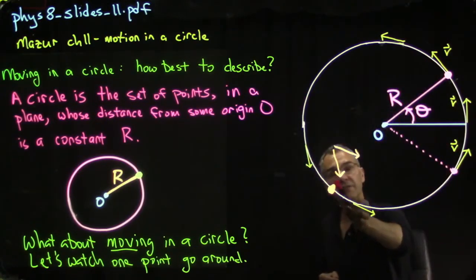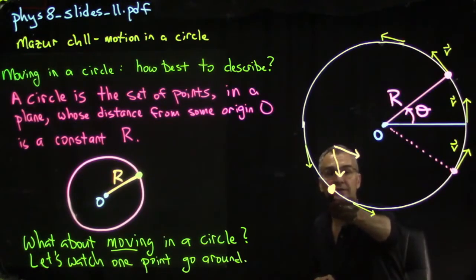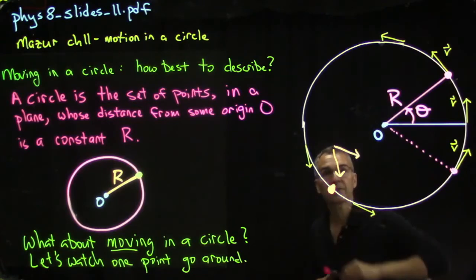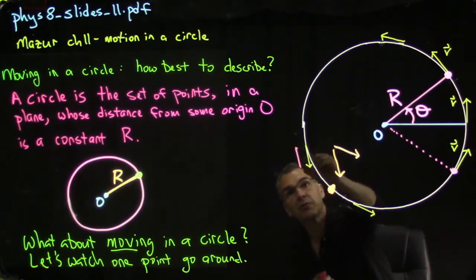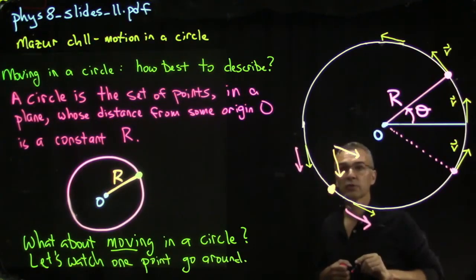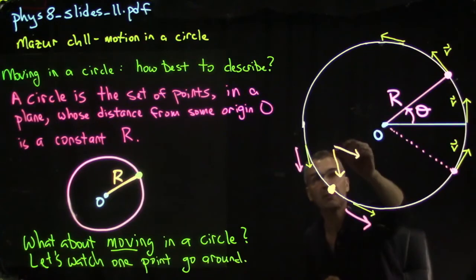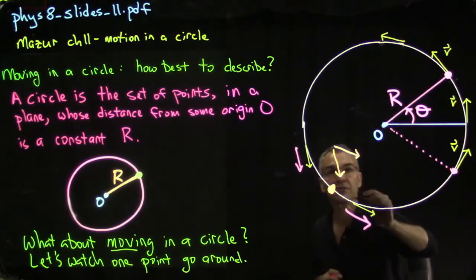So let's ask ourselves, what would be the direction of the acceleration when we're down here at this spot on the circle? Well, an instant earlier, our velocity vector pointed this way, and an instant later, our velocity vector will point this way. So here's a copy of that first vector. Here's a copy of that second vector. What do we have to add to this earlier vector to get the later vector?